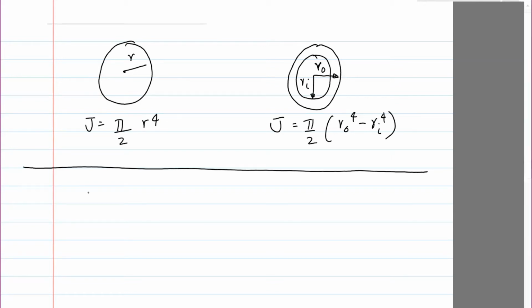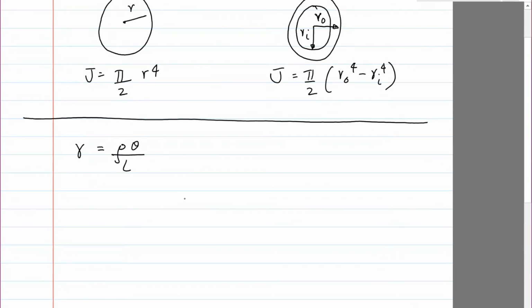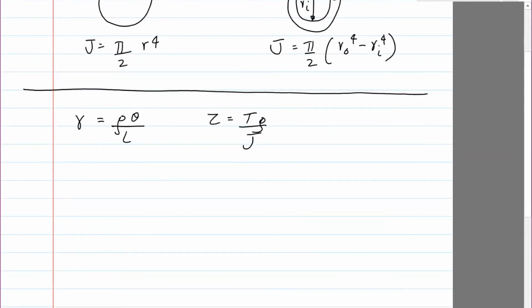Okay, so we also know that the shear strain is rho times theta divided by L. And we also found an expression for torque: tau is T times rho divided by J. And so if you want to find the relation between theta and T, and that will become obvious later on why we need that, then we know that the shear stress is G times shear strain.